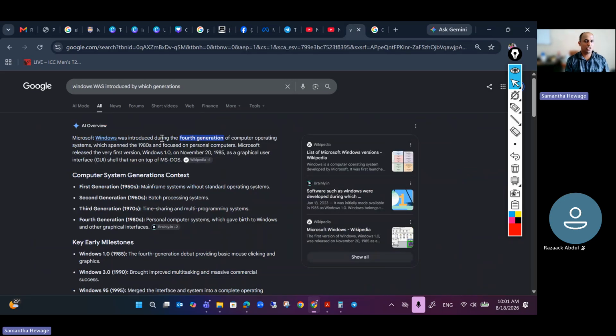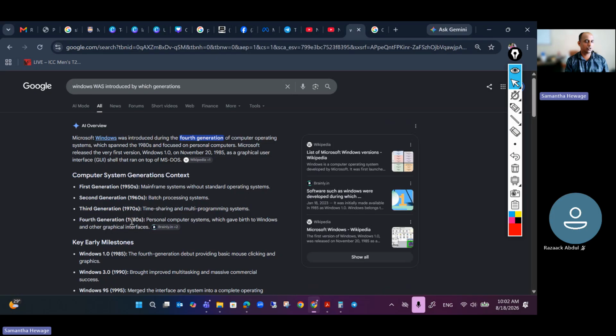Microsoft Windows was introduced in the 4th generation computers operating system which spanned the 1980s, focused on personal computers. Microsoft released the very first version, Windows 1.0, in 1985 as a graphical user interface shell that runs on top of the MS-DOS.